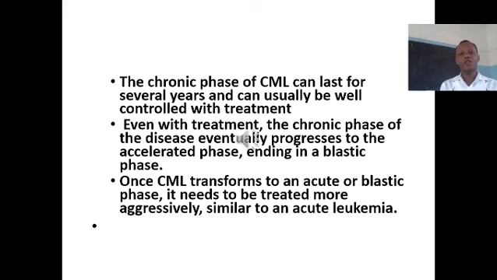The chronic phase of CML can last for several years and can usually be well controlled with treatment. Kianza matibabu mapema inaweza kuwa controlled vizuri. But even with the treatment, the chronic phase of the disease eventually progresses to the accelerated phase, ending in a blastic phase.